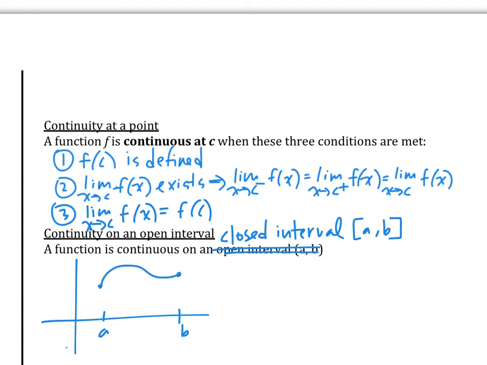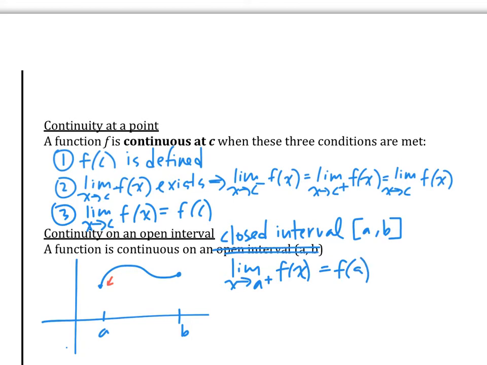And then if we're proving that it is a continuous function, then what we want to do is just show that the limit as x goes to a positive, so slightly to the right of a, of f of x is equal to f of a.